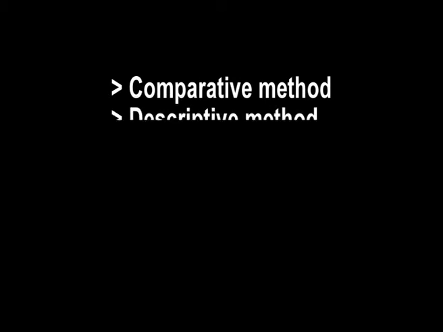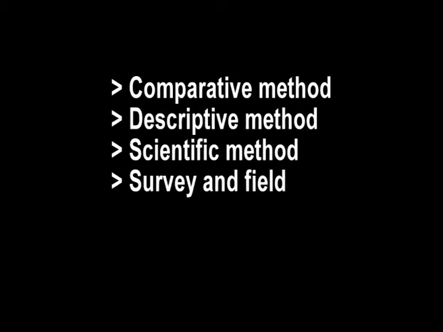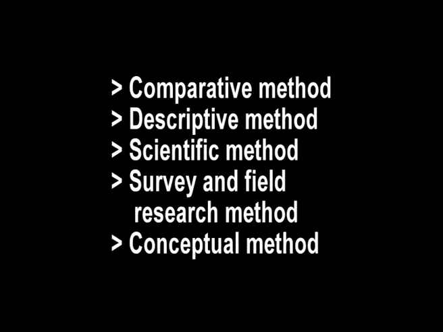Besides, various methods such as comparative method, descriptive method, scientific method, survey and field research method, conceptual method, etc., have been applied to social science research. However, here we shall confine our discussions only to historical research. History is a meaningful record of man's achievement.